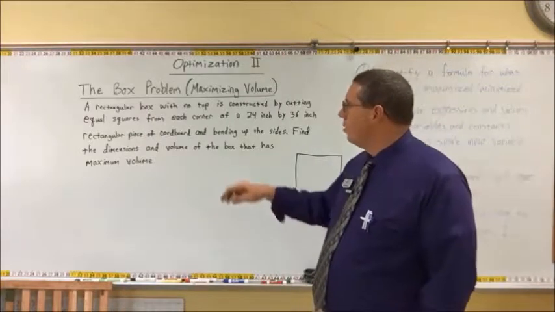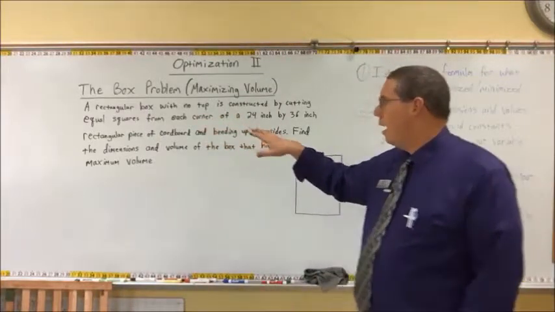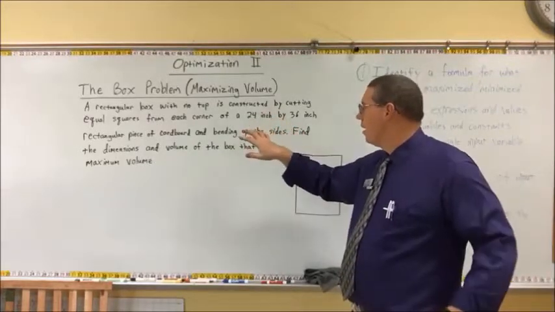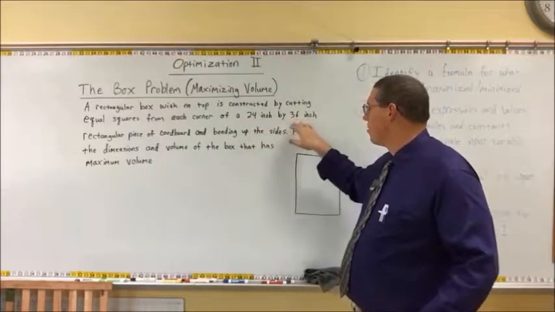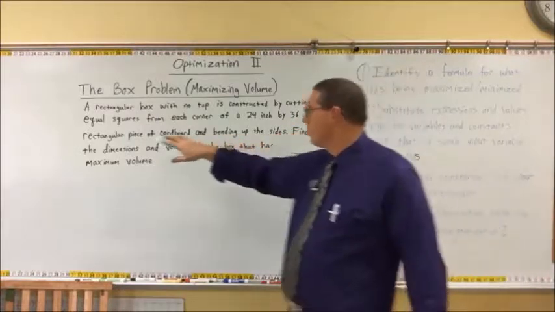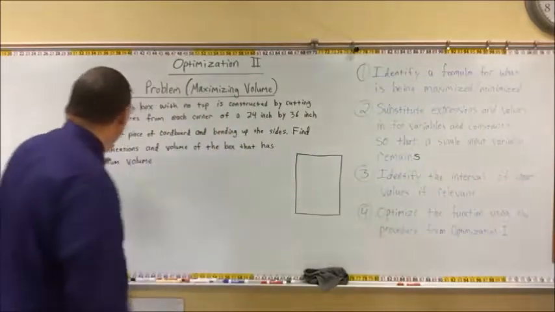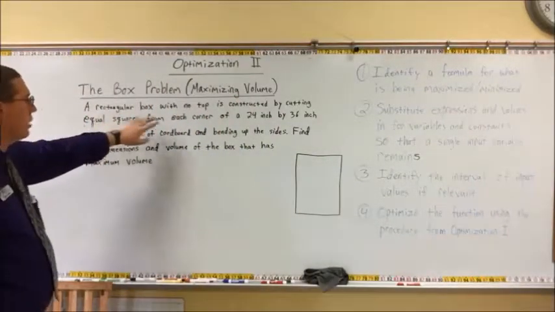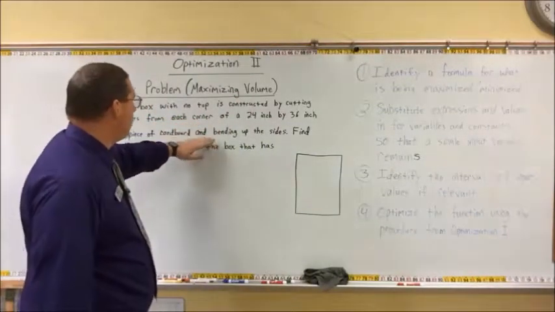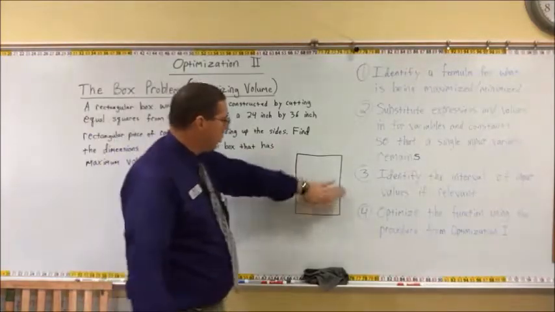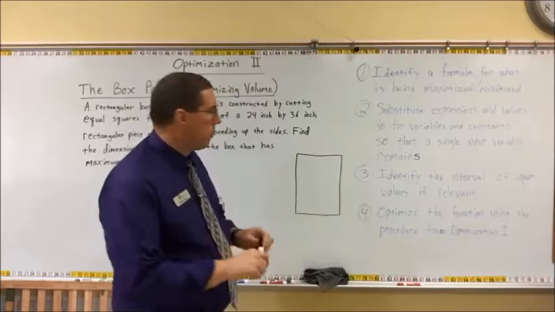You want to make a rectangular box that has no top, and you're making it out of a 24-inch by 36-inch rectangular piece of cardboard. And what you're going to do is cut equal squares from each of the corners, and then bend up the sides. Here's what I mean. Let's say that this is our piece of cardboard, 24 by 36 inches.